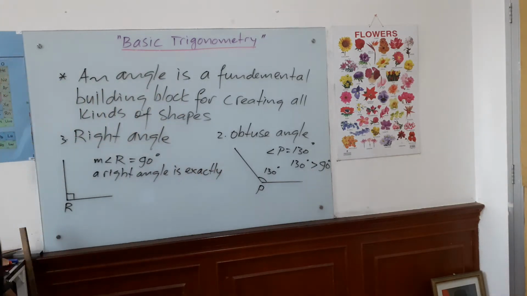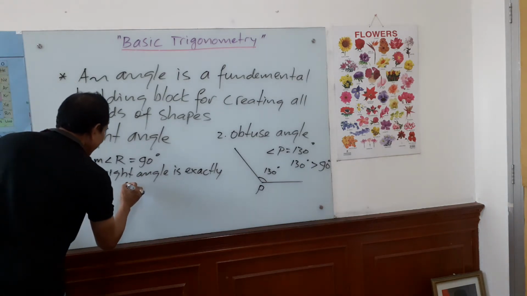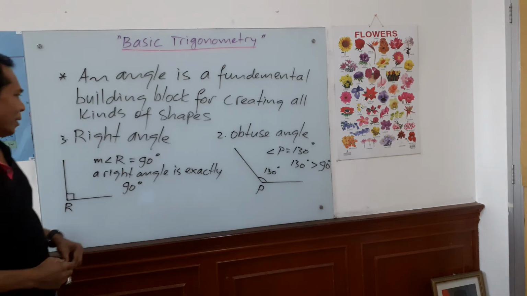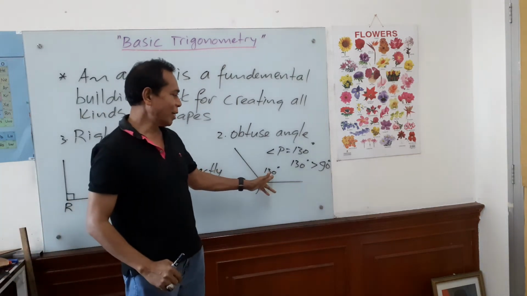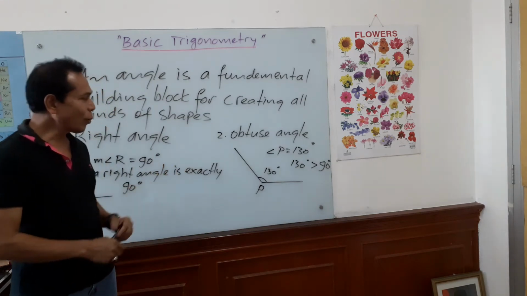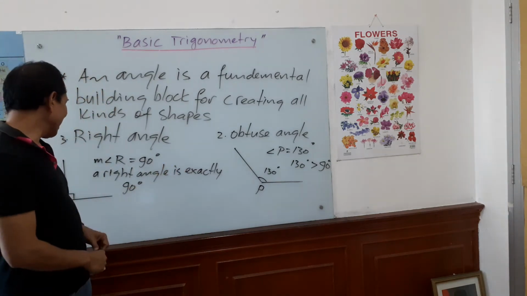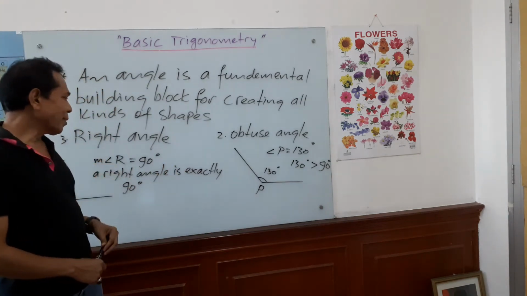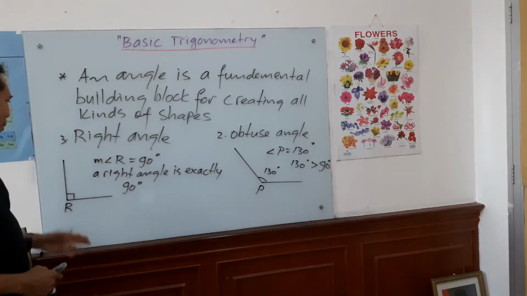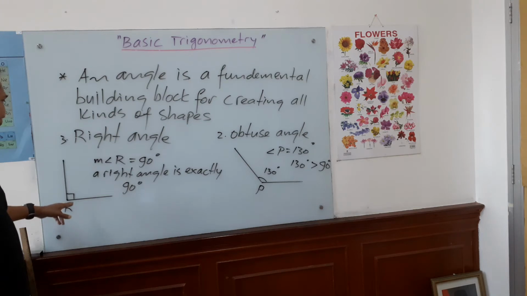A right angle is exactly 90 degrees, no more, no less. For this one, can be more than 130, can be below 130. But for right angle, it's always exactly 90 degrees, and it appears with this sign.